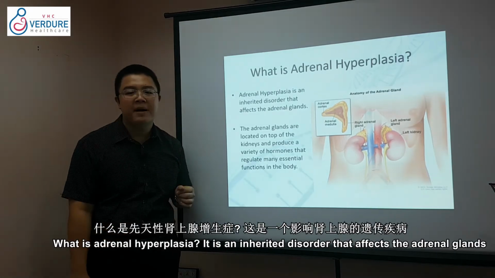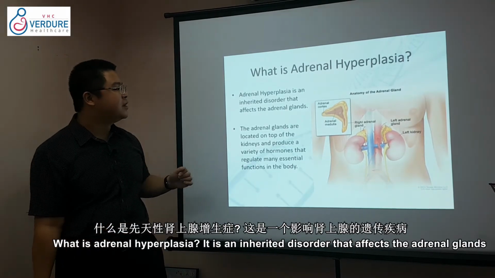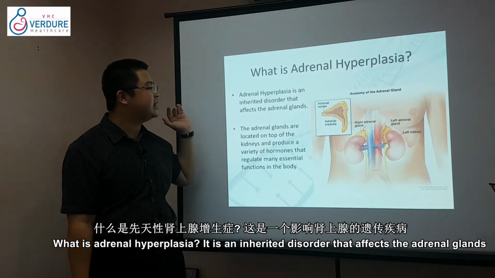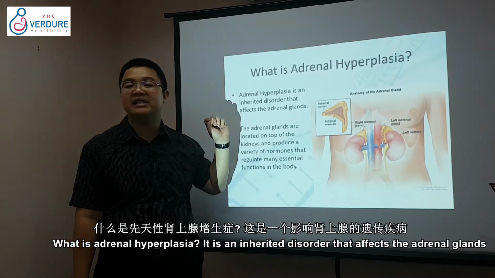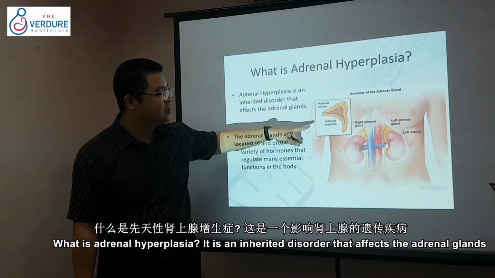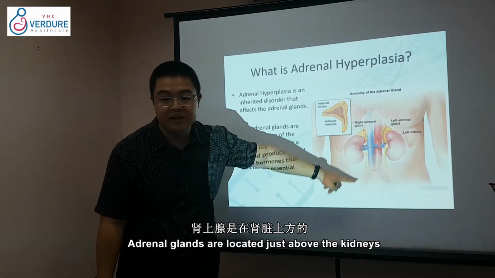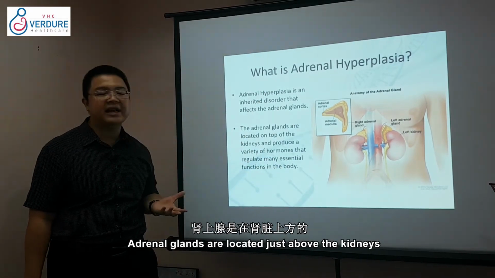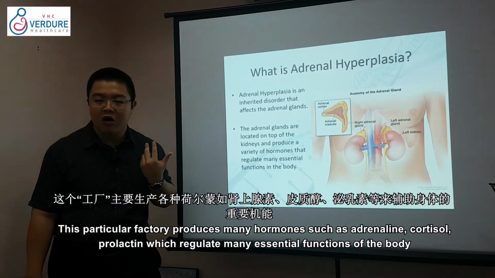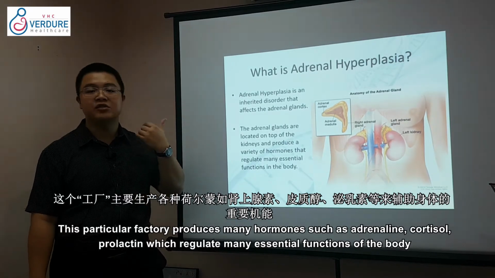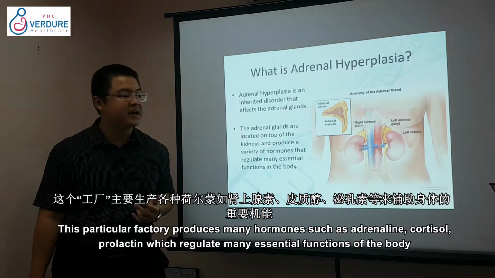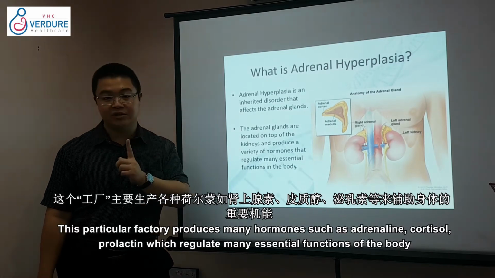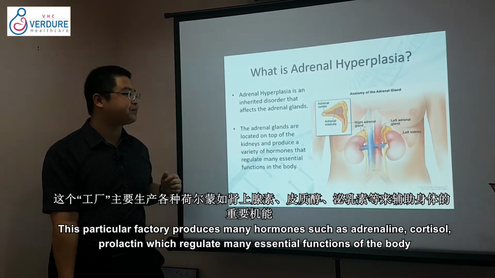Okay, so let's talk about what is adrenal hyperplasia. Adrenal hyperplasia is an inherited disorder that affects the adrenal gland, and the adrenal gland is located just above the kidneys. This particular factory produces many hormones such as adrenaline, cortisol, prolactin, which regulate many essential functions of the body.